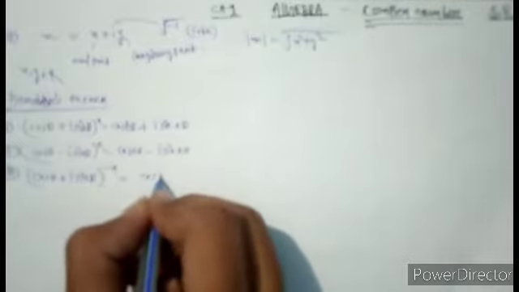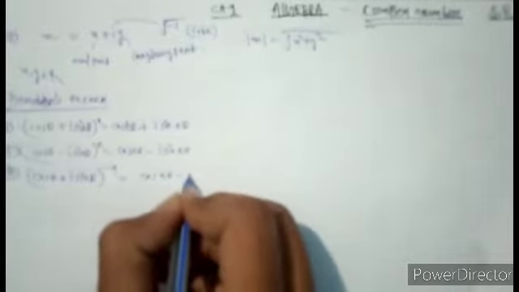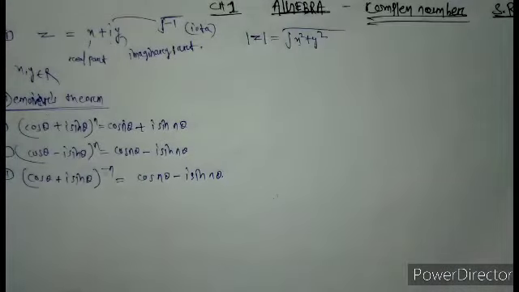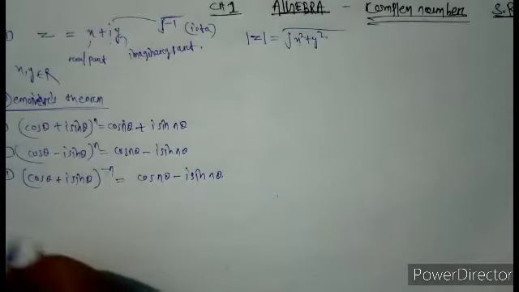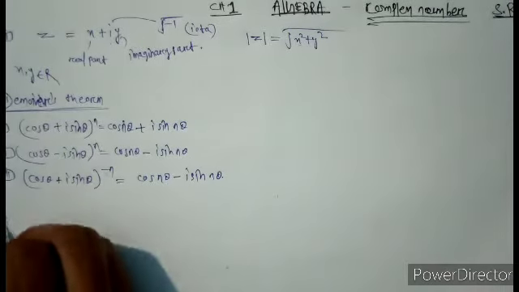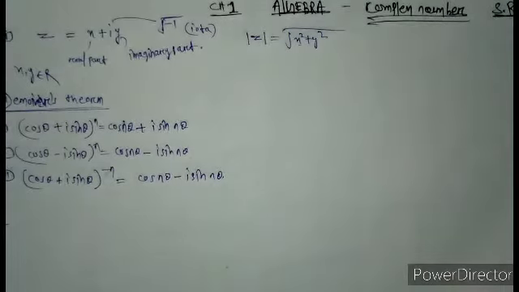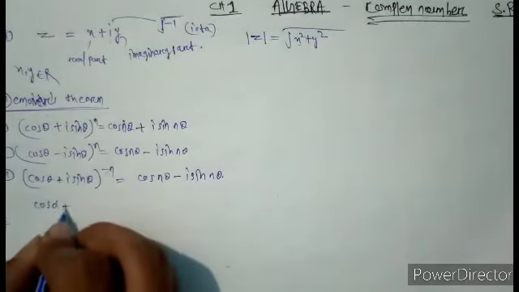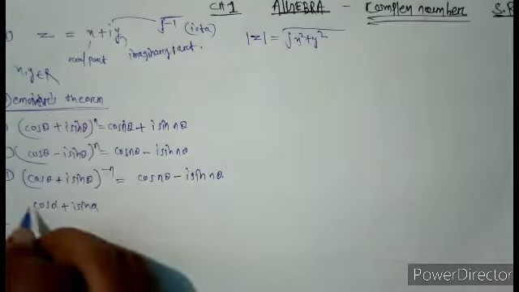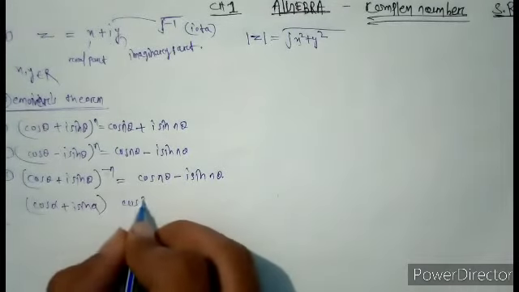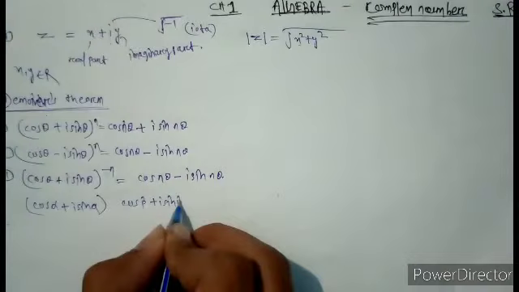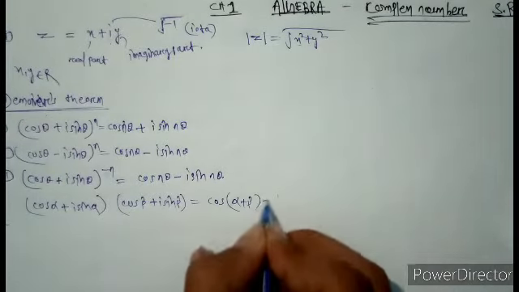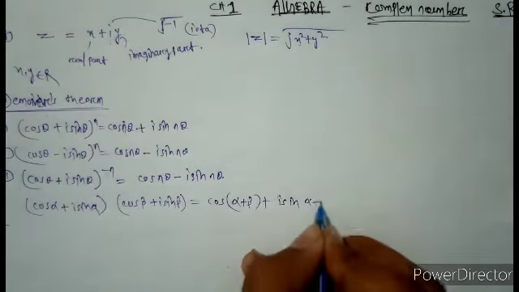Here the formula is cos n theta minus i sin n theta. Then two other important formulas are there. What are they? That is (cos alpha plus i sin alpha) multiplied with (cos beta plus i sin beta) is equal to cos (alpha plus beta) plus i sin (alpha plus beta).